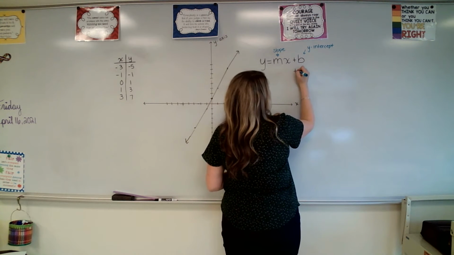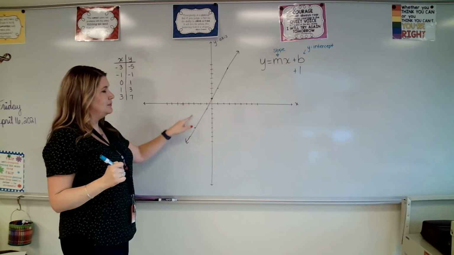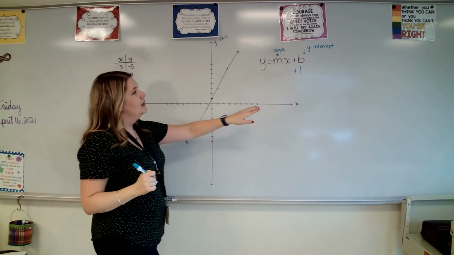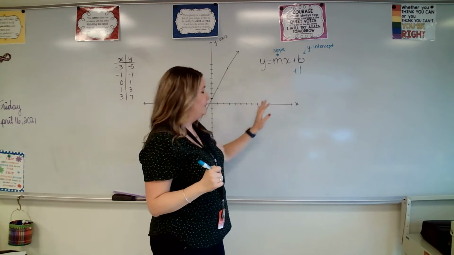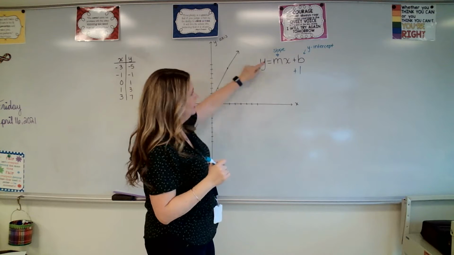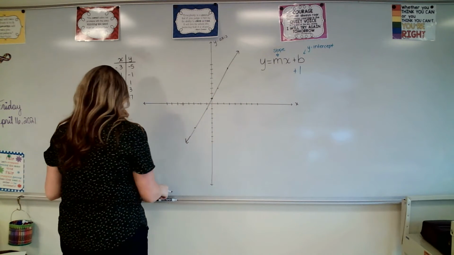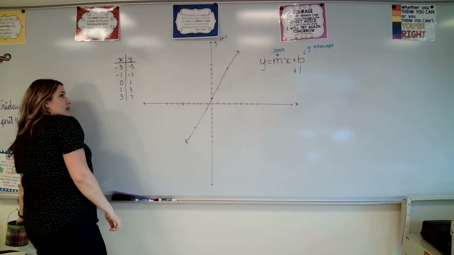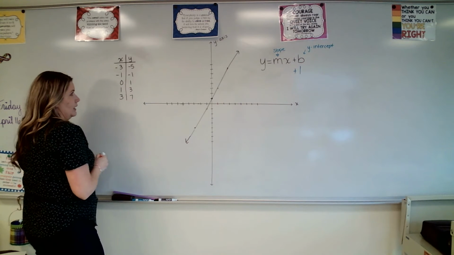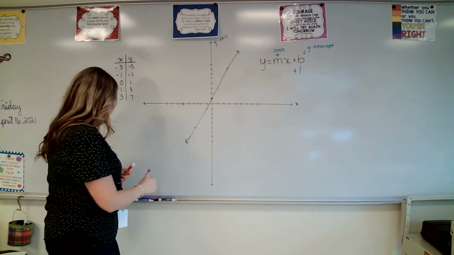So plus b becomes plus 1. Because this y-intercept is at positive 1, my b is plus 1. If it was -1, it would be -1. If it crossed up here, it would be +8, etc. So I know that my y-intercept is +1.